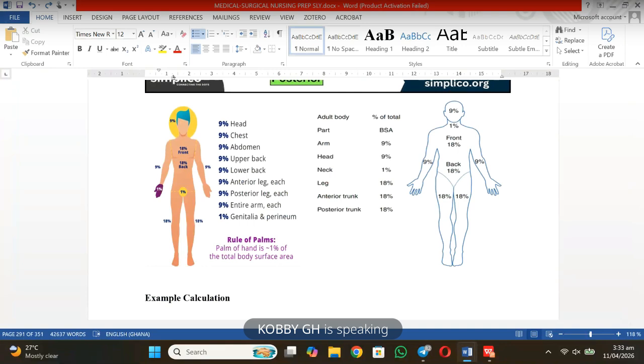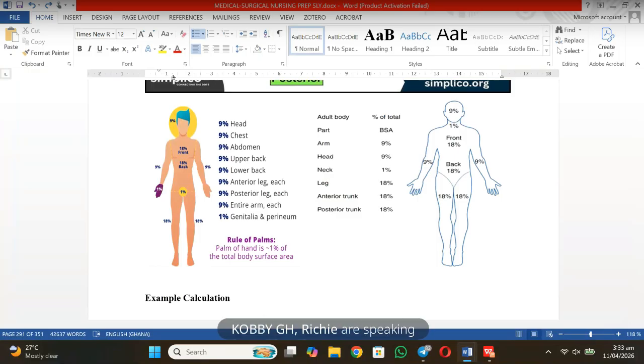Okay, if the examiner says the chest region of the body and anterior stomach, what will be your answer? I think that would be 27, right?